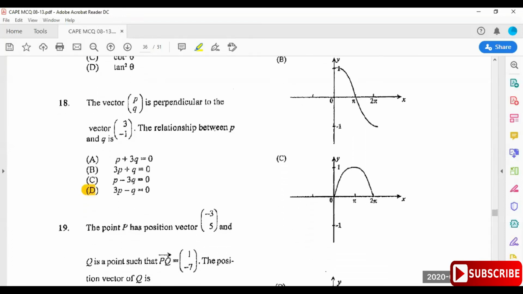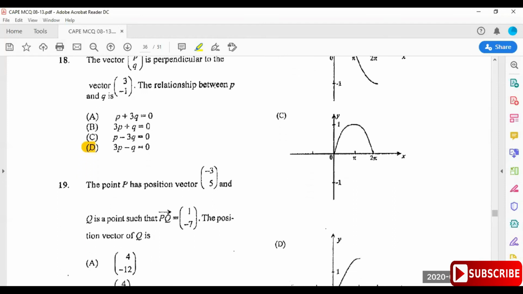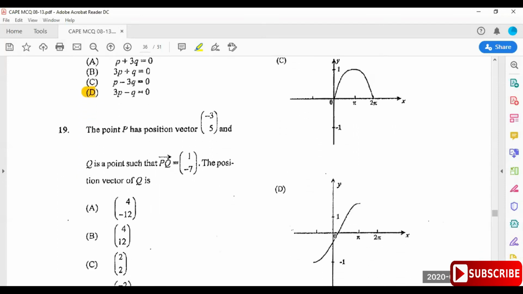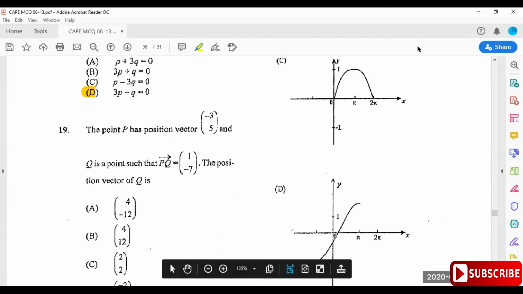All right. Now they said that you have the point P with position vector (negative 3, 5), and Q is the point such that PQ is equal to (1, negative 7). We want the position vector of Q. First and foremost, what is PQ?